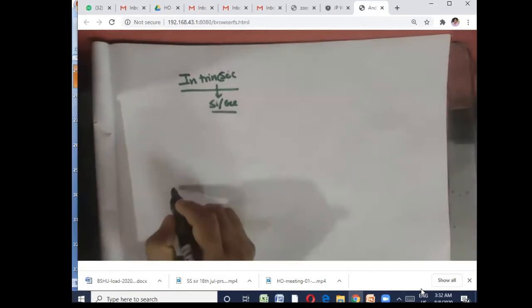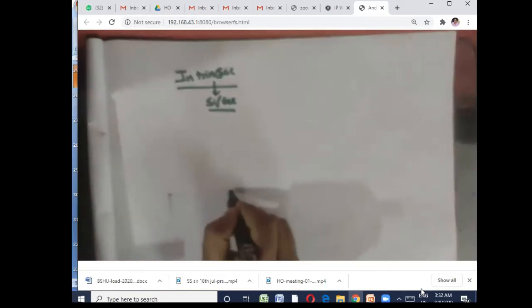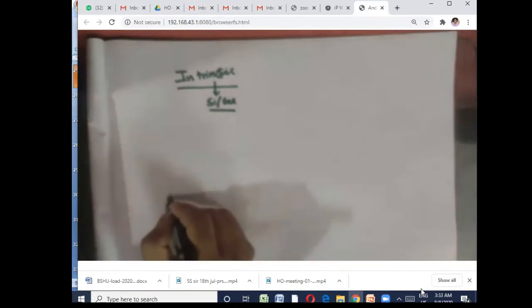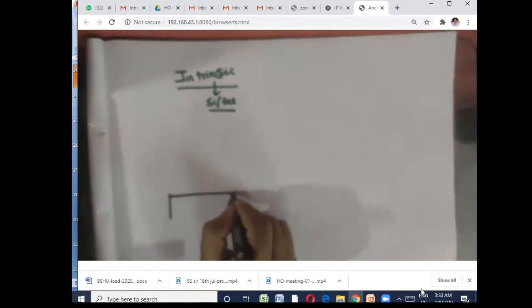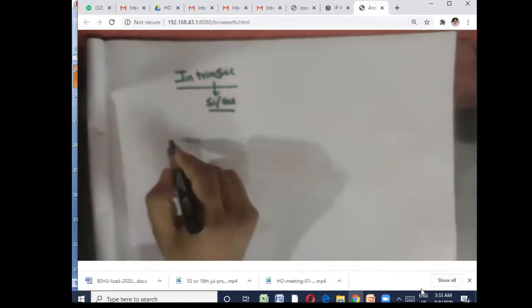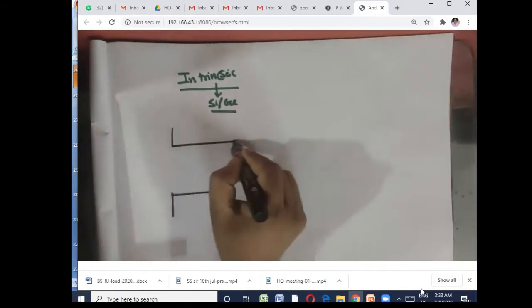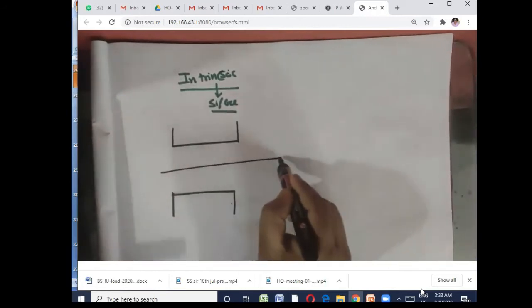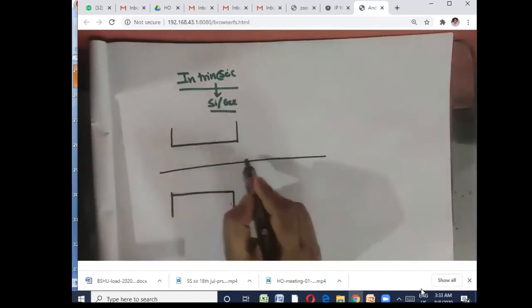If this is the top of the valence band, and this is the bottom of the conduction band, the Fermi level lies exactly in the middle.